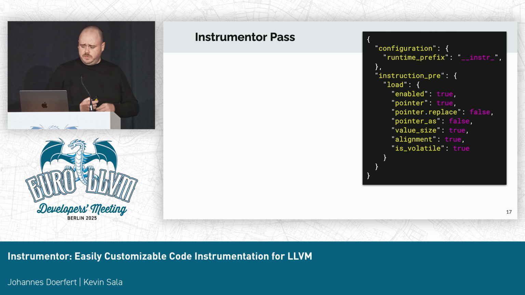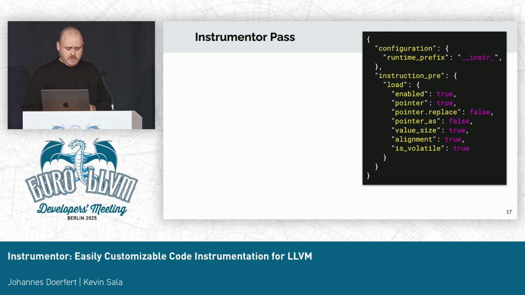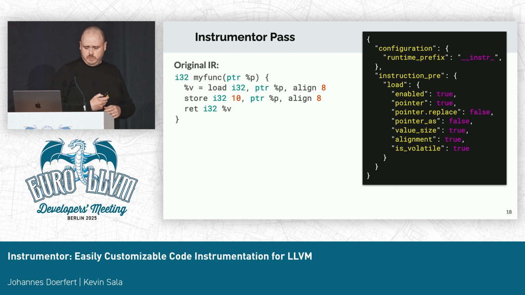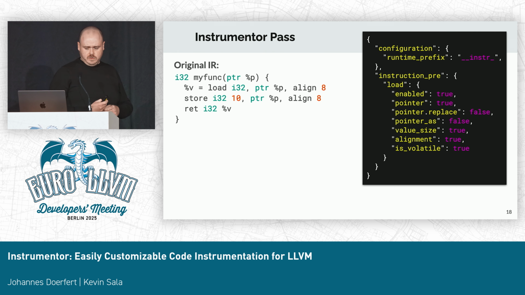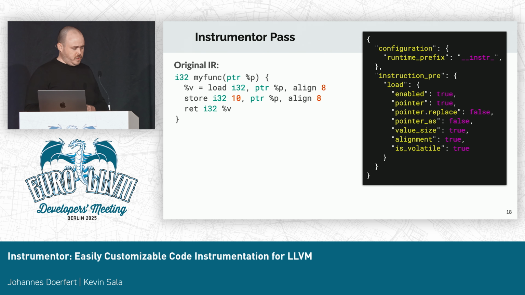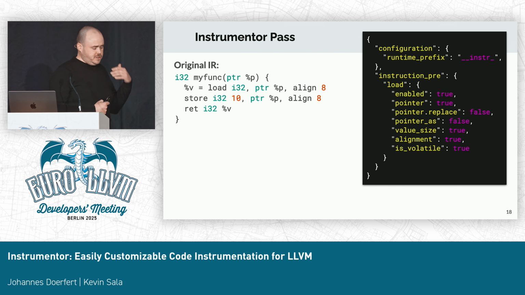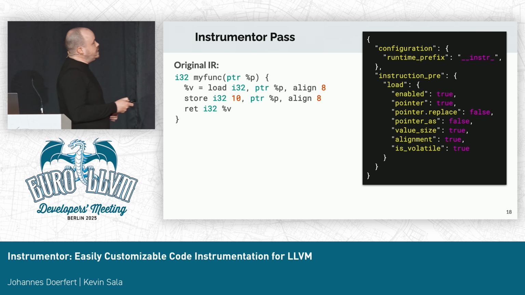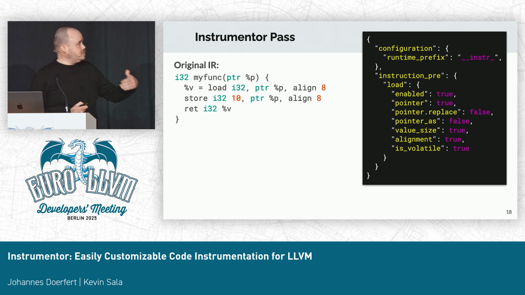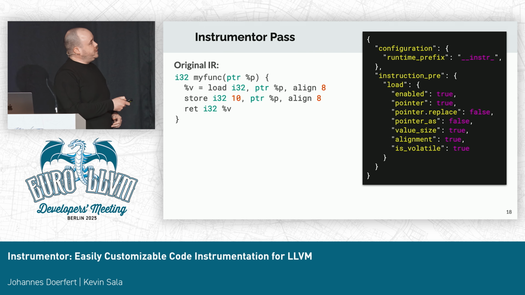And then you can specify other sections saying what you want to be instrumented by this pass. For instance, if we go back to the code that we had before, the original IR of the function, and we say that we want to instrument the load operations just before they happen, we will need to create a section here saying that we want to instrument the instruction just before it happens, and then a list of instructions that we want to instrument.